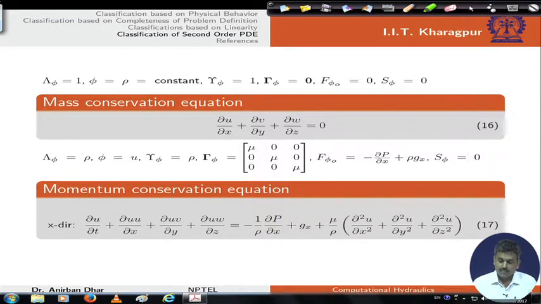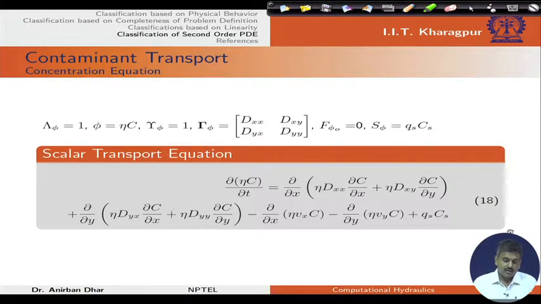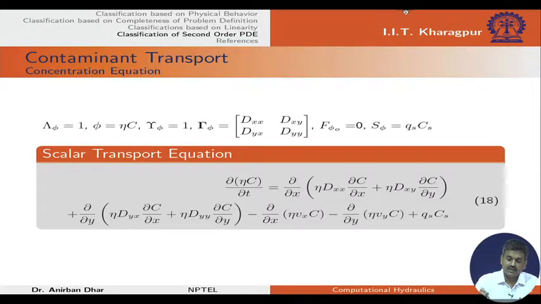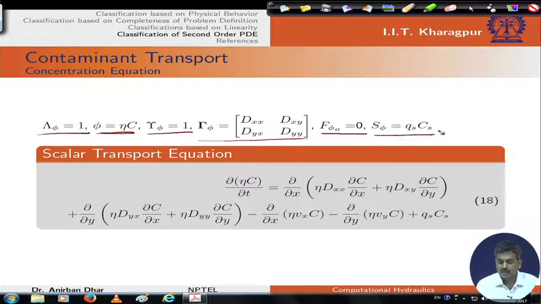With this information we can proceed further for concentration, which is the scalar transport equation. Again, lambda phi is 1, phi is eta c, where eta is porosity and c is concentration, epsilon phi is 1. Again, for the 2-dimensional case, this is the diffusion coefficient tensor, other forces are 0, and the sourcing term is Qs Cs.